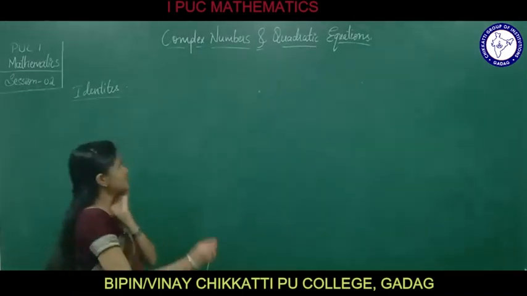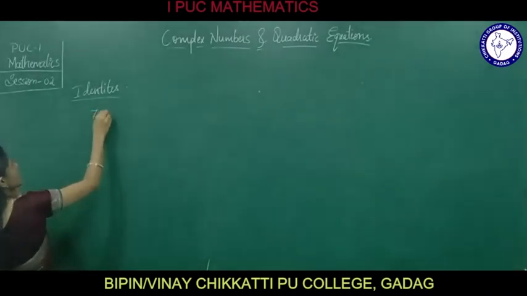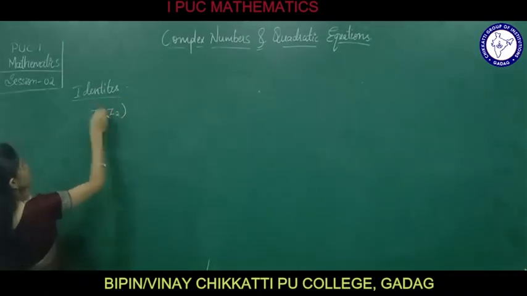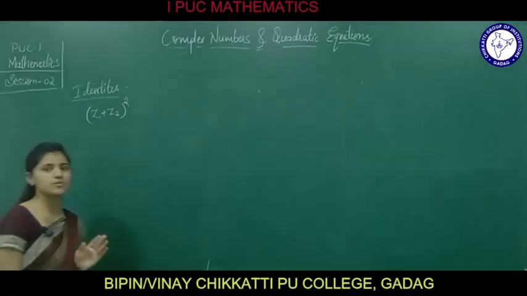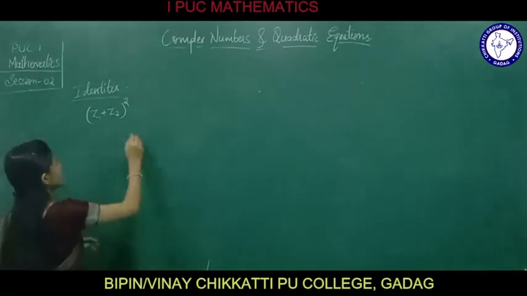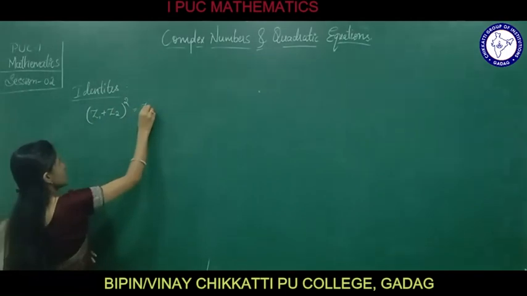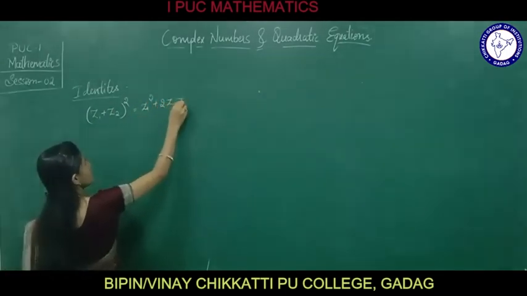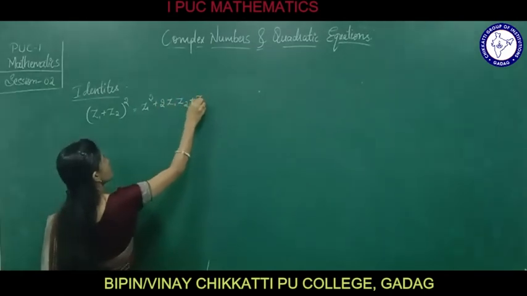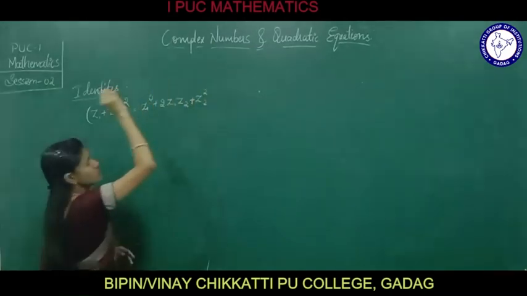That is (z1 + z2) whole square. We know (a + b) whole square is a square plus 2ab plus b square. The same way we are going to write it as z1 square plus 2 times z1 into z2 plus z2 square.